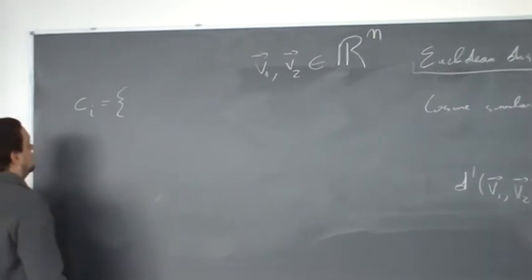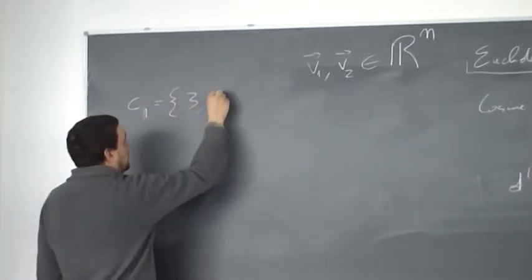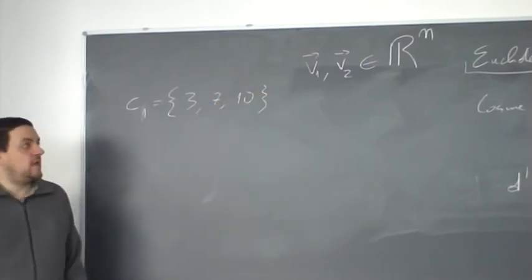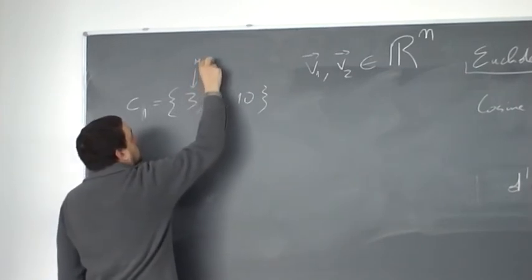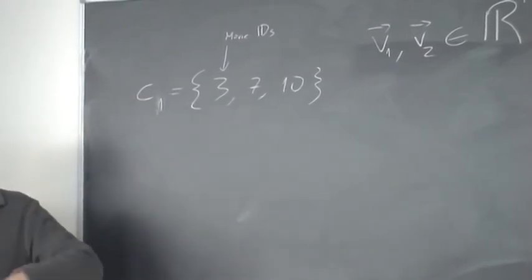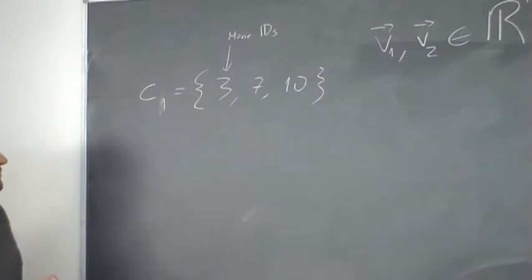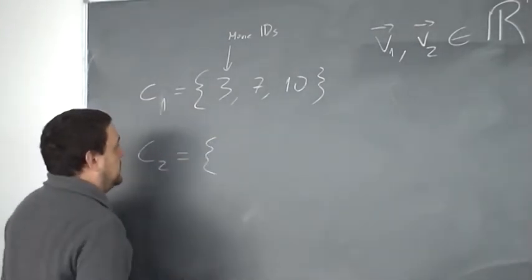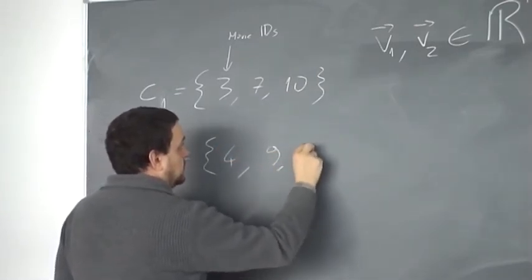For example, customer 1 purchased movies 3, 7, and 10. Okay, these are movie IDs. Suppose that everything can be identified by a number. While customer 2 purchased movies 4, 9, and 12.